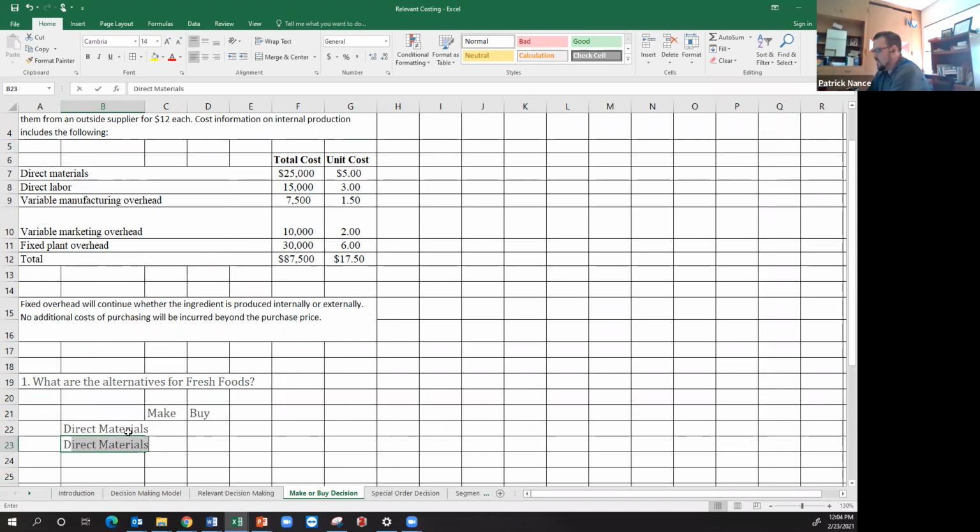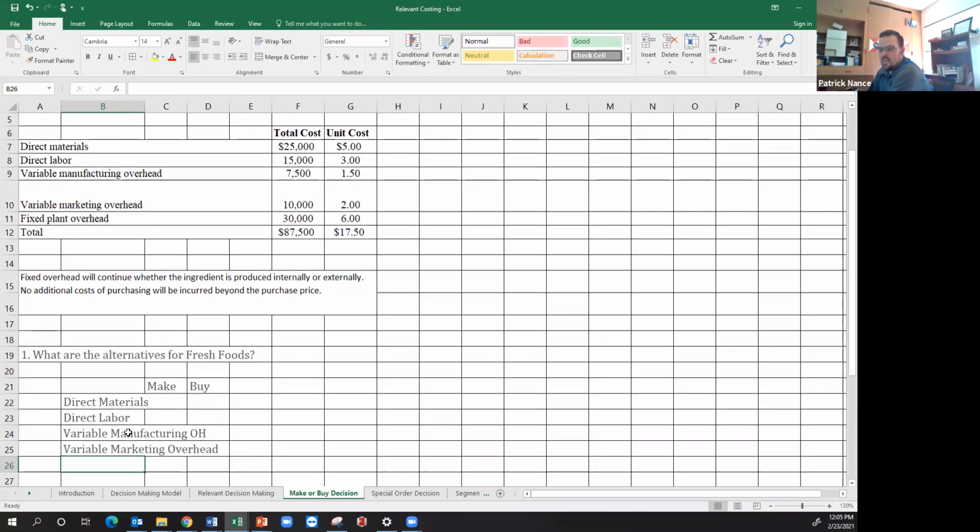I would have direct labor. I would have variable manufacturing overhead. I would have variable marketing overhead. And I wouldn't have fixed costs. I'm not even going to put fixed costs on this list.